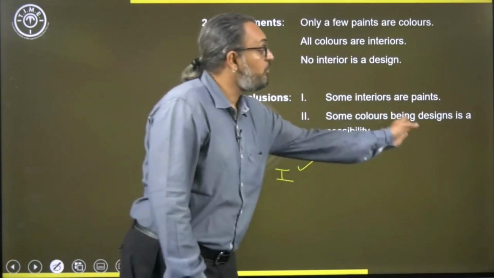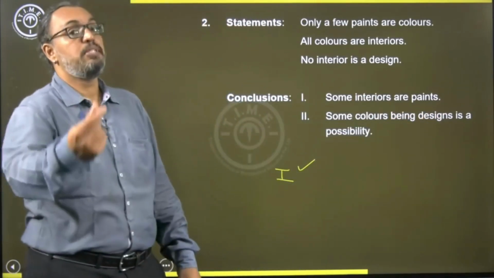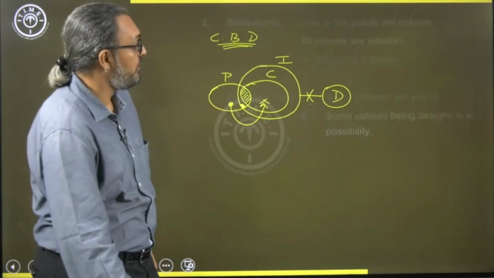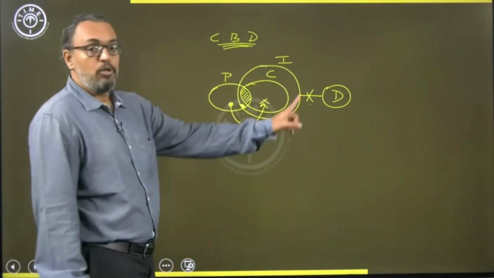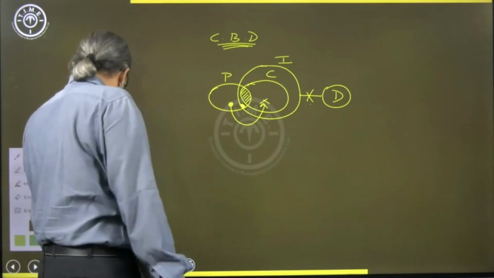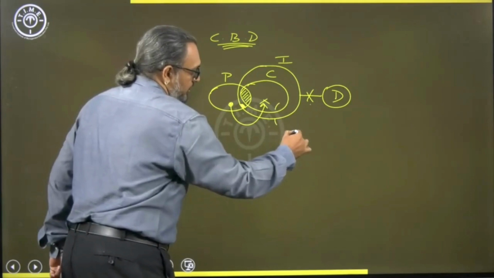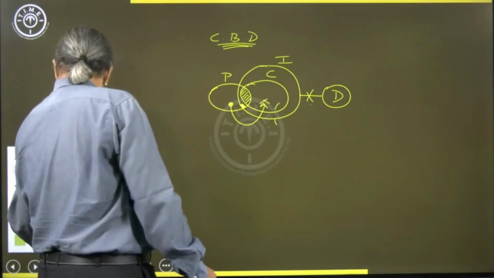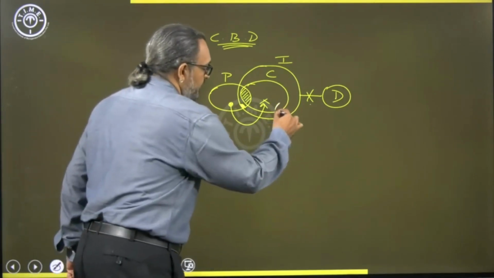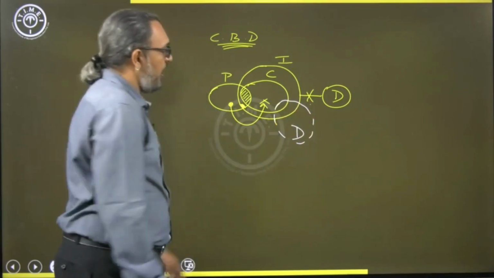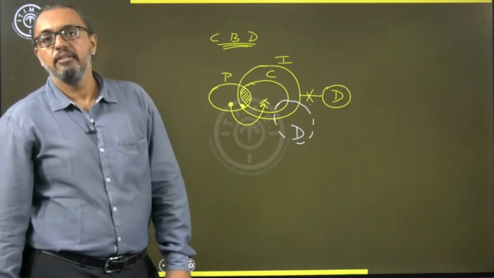Now let's look at the second one. Some colors being designs is a possibility. Because he says possibility, let us check. What will happen if I try to overlap the C circle with the D circle?